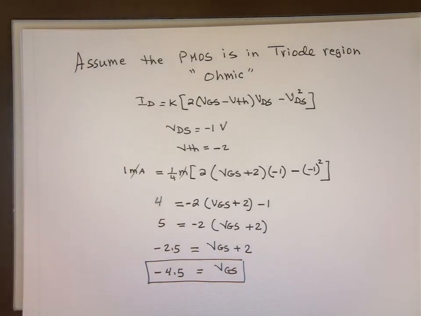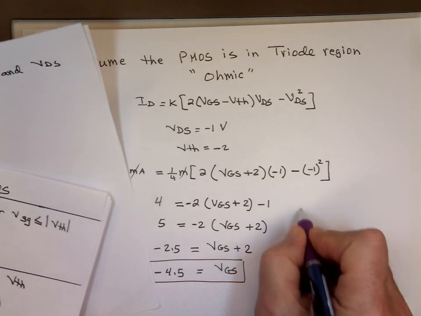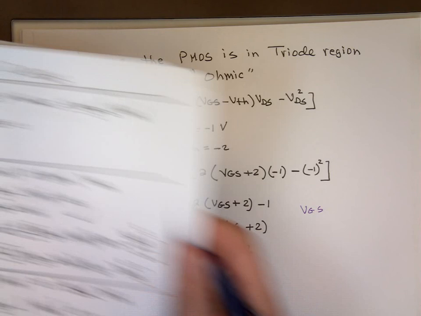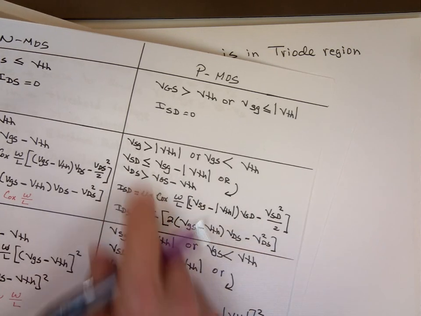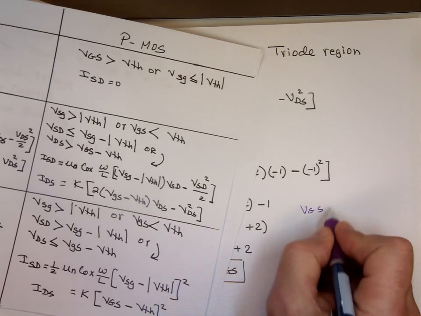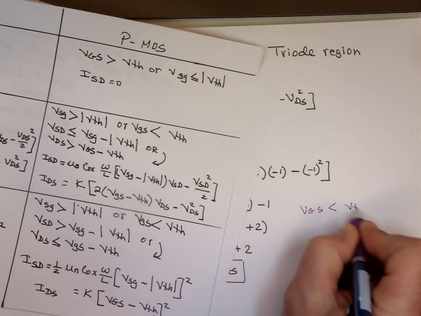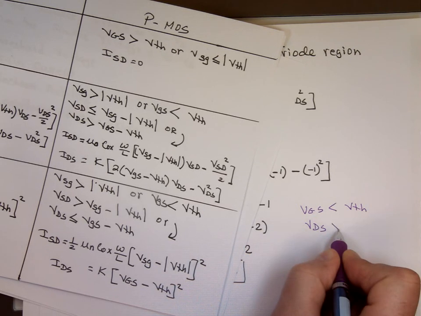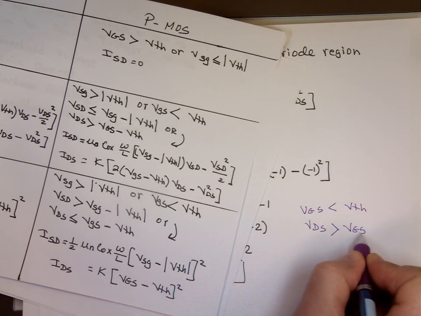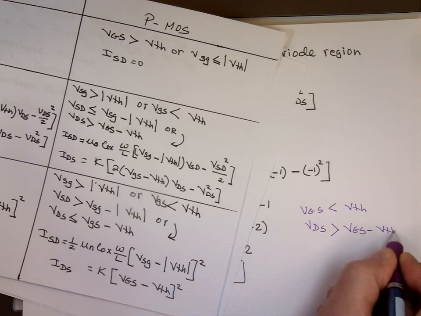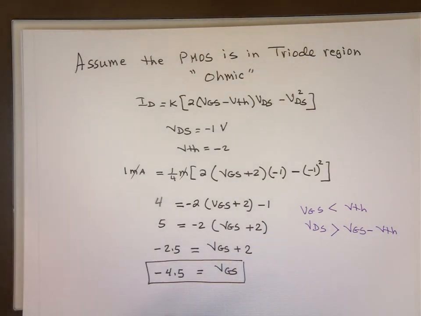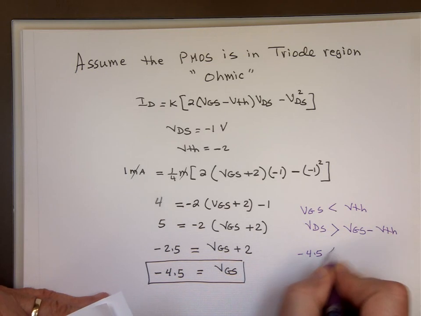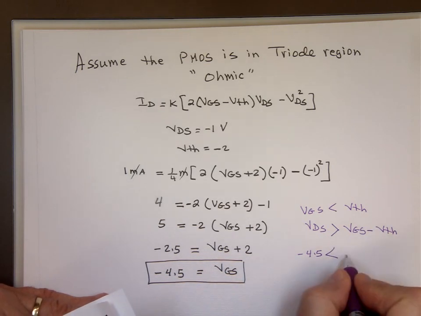This is a lengthy problem so far. We need to prove that VGS is less than V threshold. And I also need to prove that VDS is larger than VGS minus V threshold. So is negative 4.5 less than negative 2?